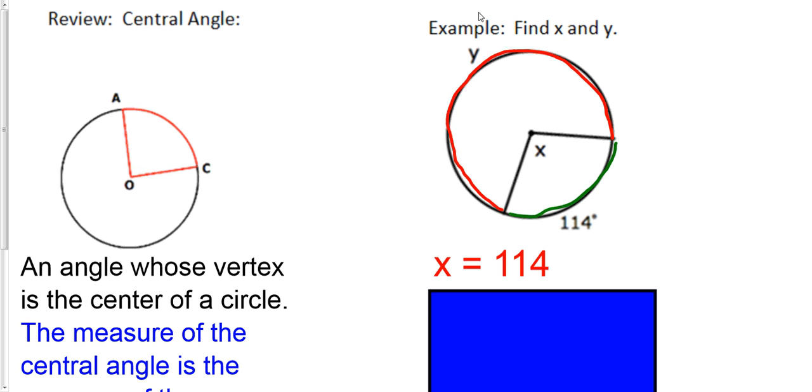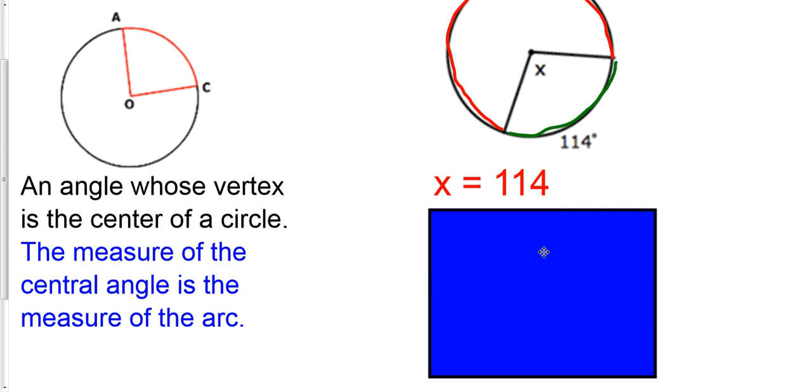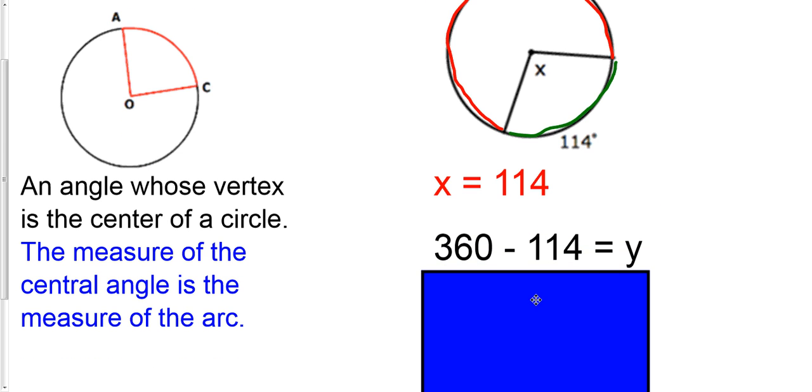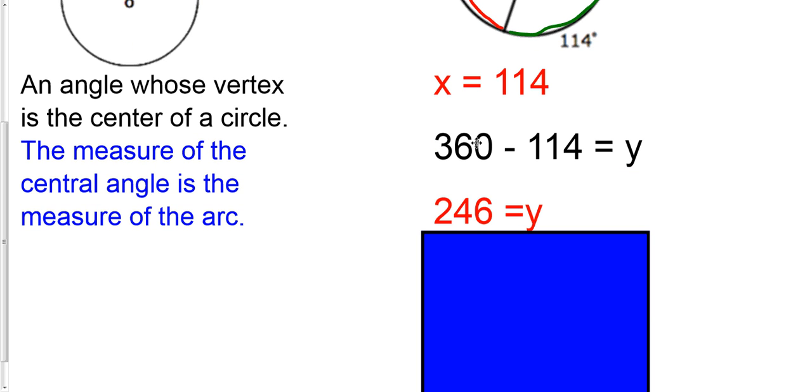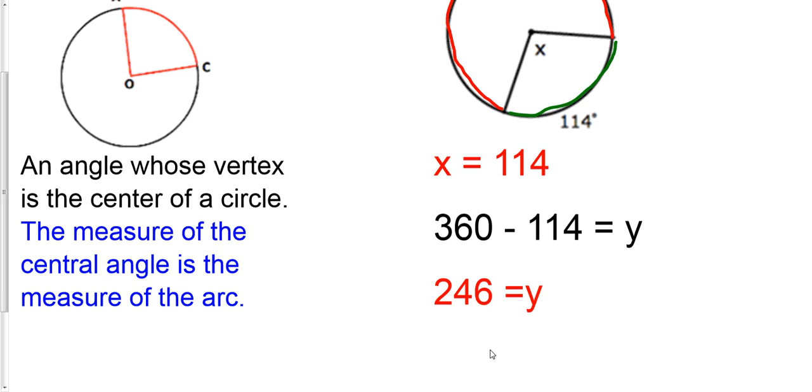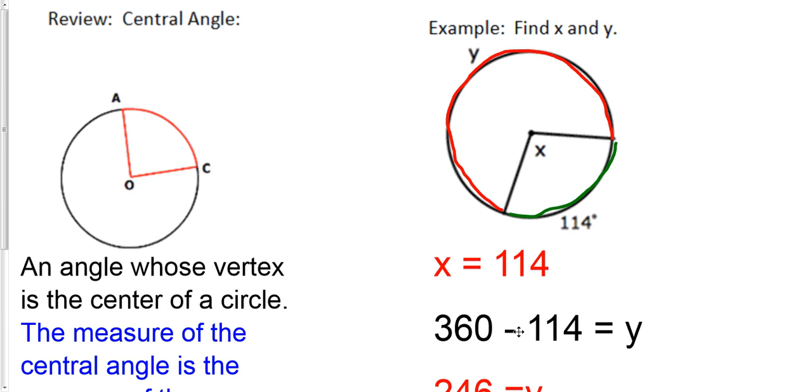Now to find y, this other arc, remember that a circle is going to have 360 degrees all the way around it. So we'd take 360 minus this 114 to get y. So 360 minus 114, y has to be 246. So that would be our x and y for that example.